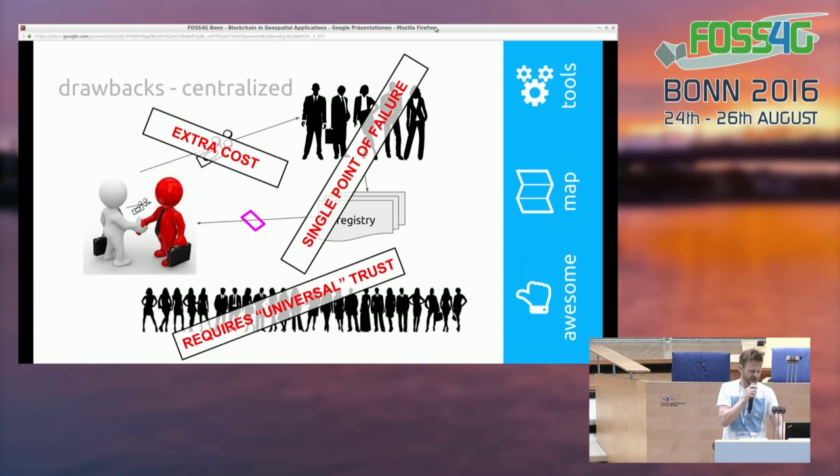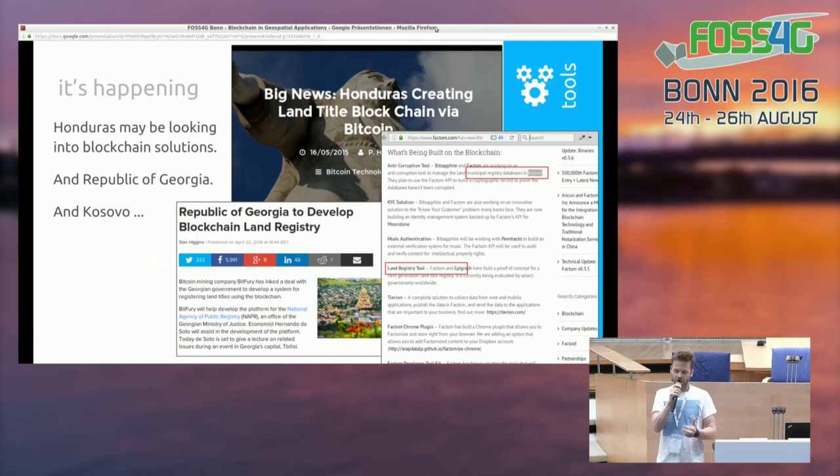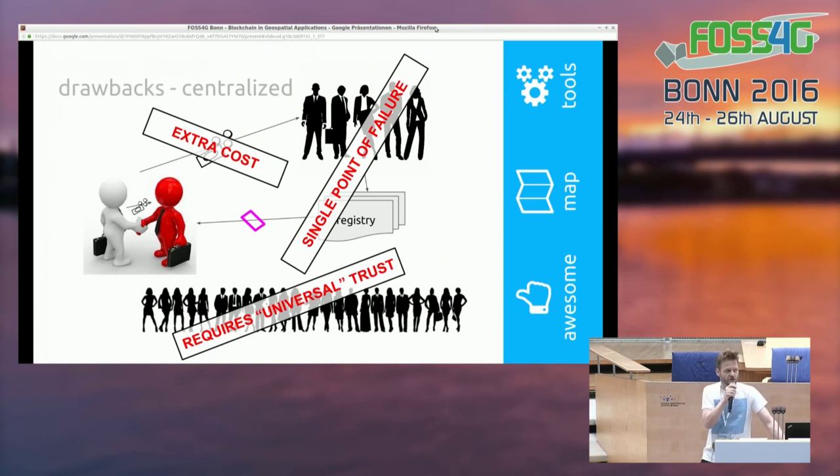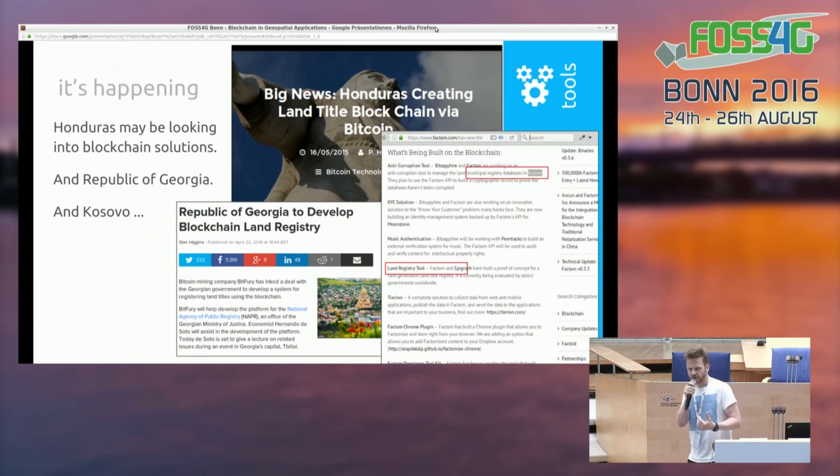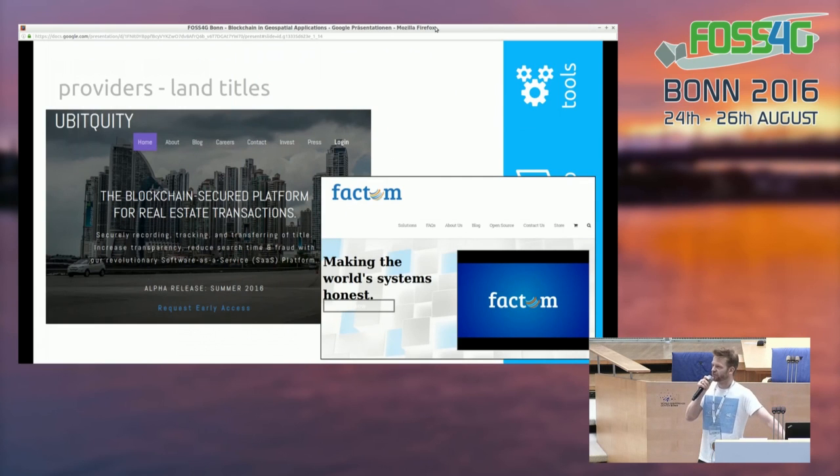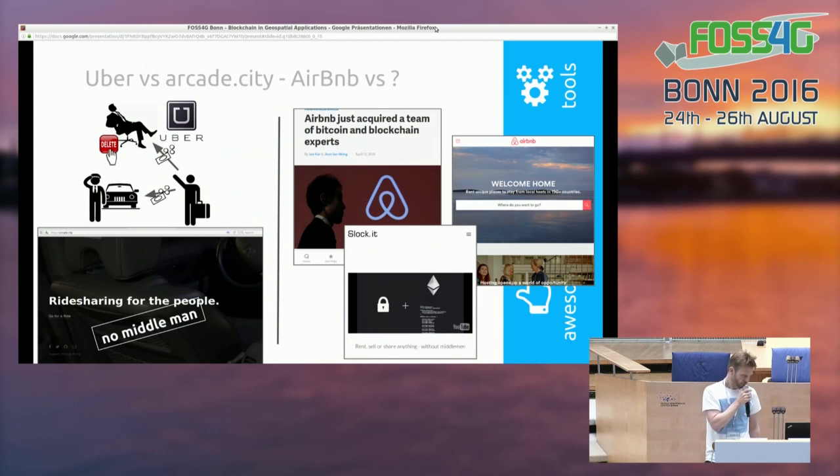And it also requires everybody in the area, millions of people, to have universal trust in this system. So if we can get rid of that overhead, it'll become safer and cheaper. It's already happening in places like Honduras and Kosovo and Georgia, and there are a couple of vendors out there who are providing land titles on a blockchain as a service.